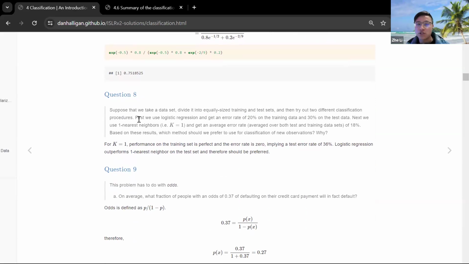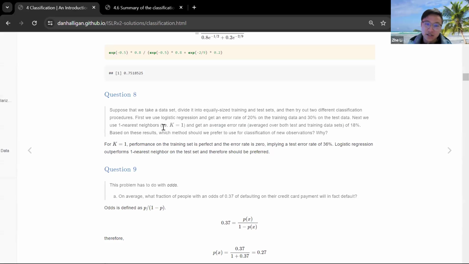First, we use a logistic regression, which has a certain error rate when it fits on the training data, and if we fit this model on the test data, the error rate comes to 13%. Next, we use one nearest neighbor, which is the most flexible model, and get an average rate of just 18%. But we have to know that it's the average over both the test and the training sets.